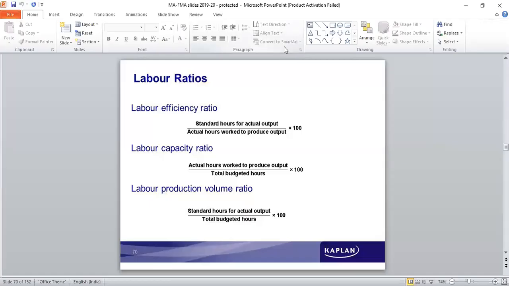Production volume ratio. See, the standard hours are compared with the budgeted hours, but later on the budgeted hours are revised. Let's say the budgeted hours are decided for 1000 units of production. But when they actually produced 1200, the number of hours decided are for producing 1000 units.